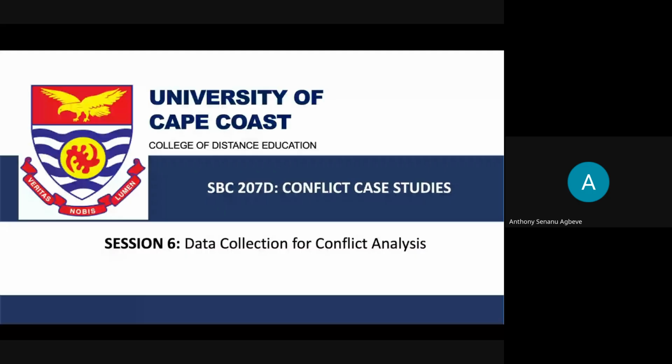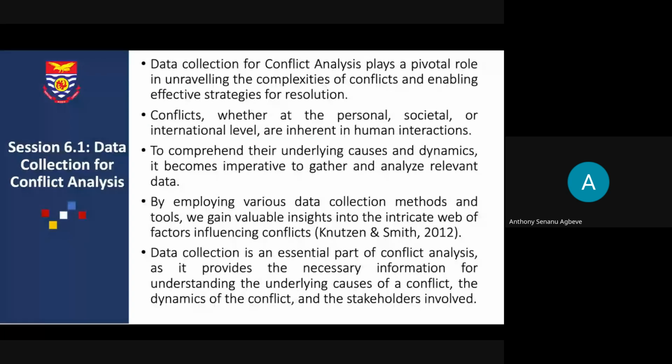These are ways of collecting data. You can do a desk review, so you sit on your computer, connect to the internet, look for empirical literature, and do your research to see what people have written about a particular conflict. All these are strategies that you can deploy when you want to collect data in case you want to analyze any conflict. So we spoke about it, but I'll just revisit it, more like a repetition.